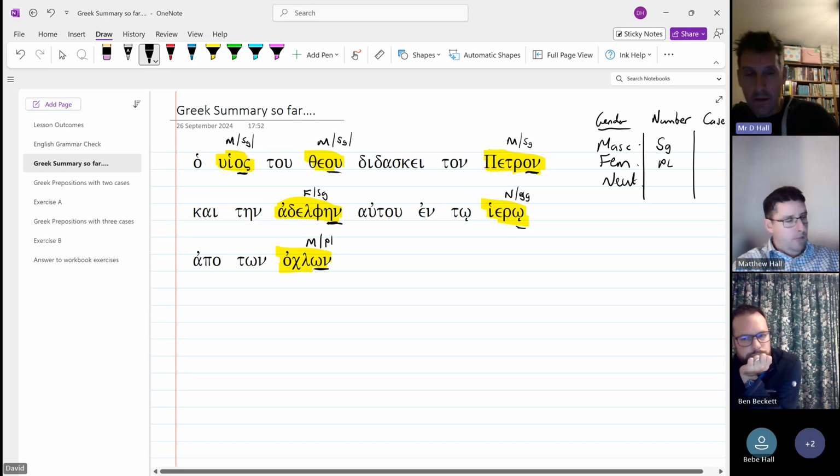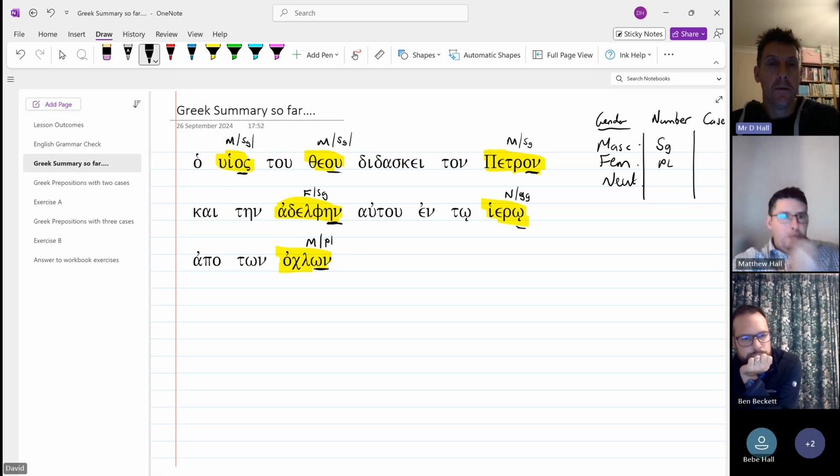The case also determines the ending that you end up with, and the case tells us in one sense where its position is in the sentence, whether it's the subject or the object of the sentence. It also gives us some indication of indirect objects, and we looked at objects that were in possession.